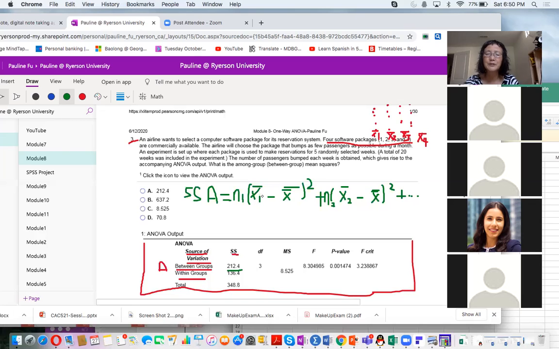The difference between group average and the total average. Square it. Add them all. And now, the next number you have, 136.4, is SSW, sum of squares. W stands for within groups.